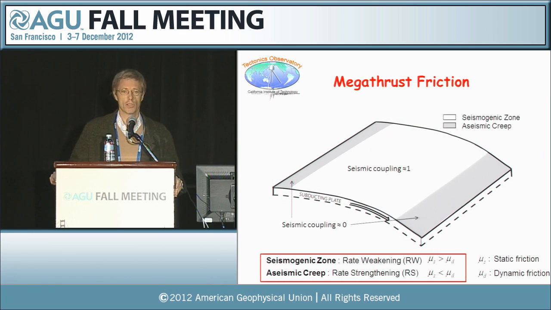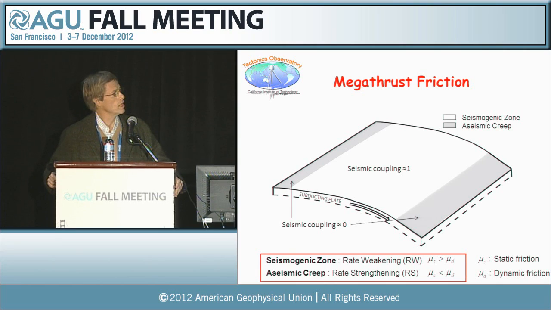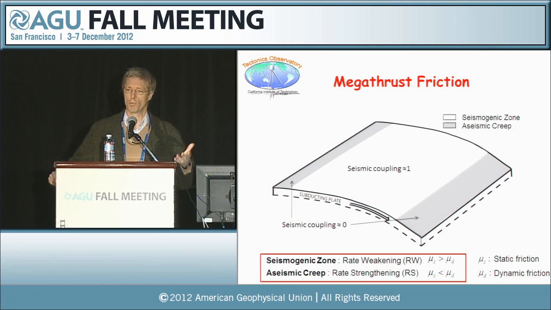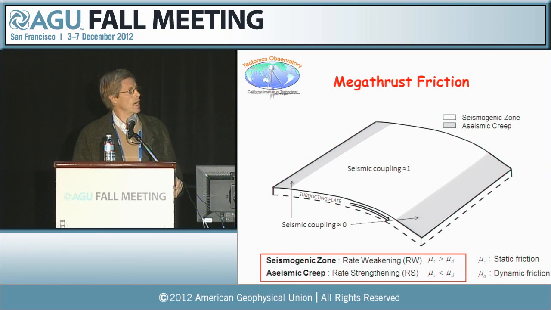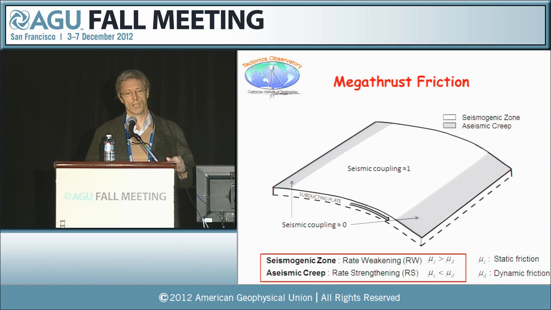Now, how does interseismic coupling relate to the frictional properties of the megathrust? The idea is that the friction can be either rate weakening, meaning that the dynamic friction is less than the static friction, or rate strengthening, meaning that the dynamic friction during sliding is higher than the static friction.